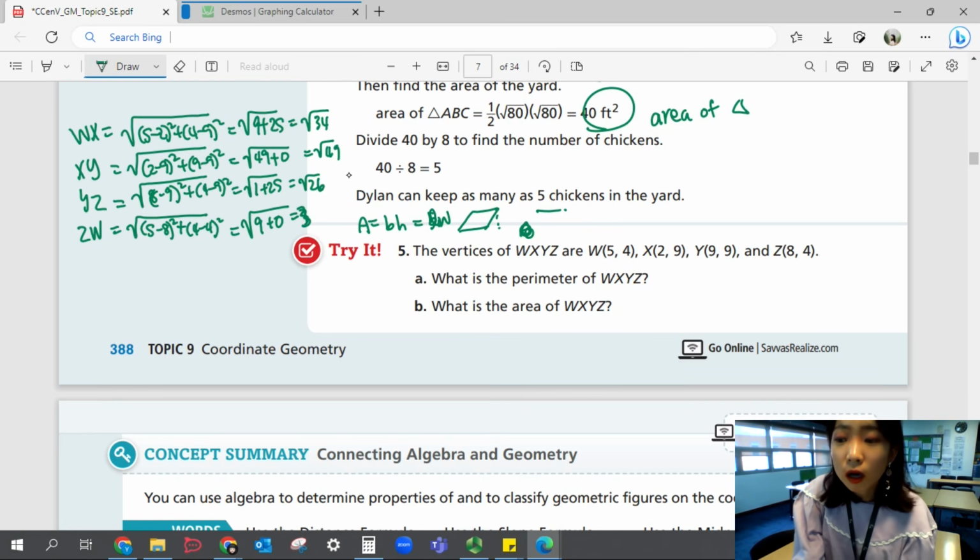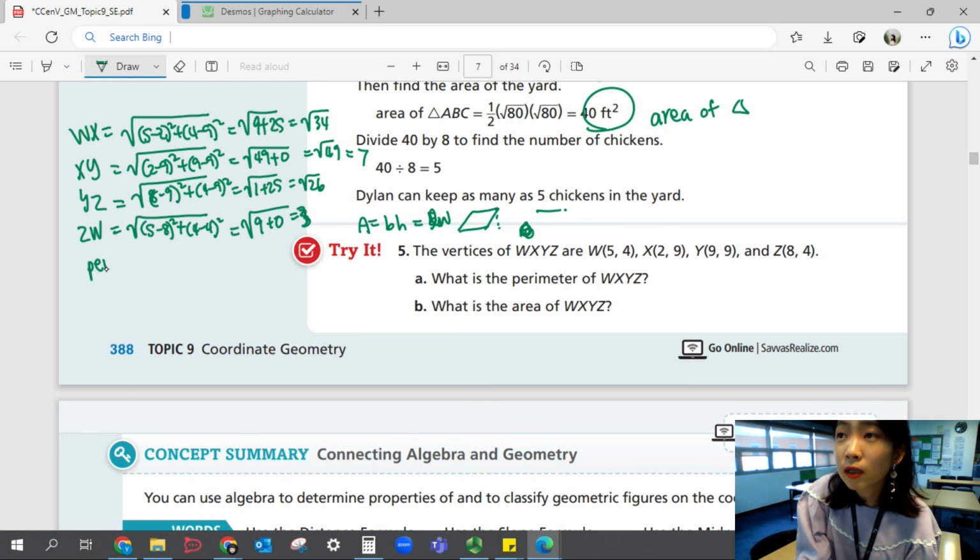Okay. If you add them all up. Oh, square root 49 can be simplified to 7, right? 7 squared is 49. So if you add them all up, you can add 7 and 3 together.